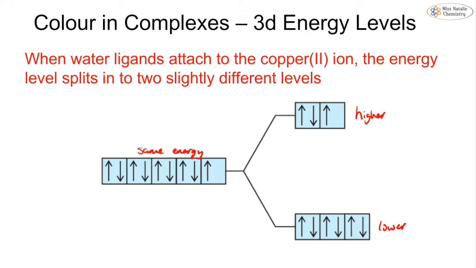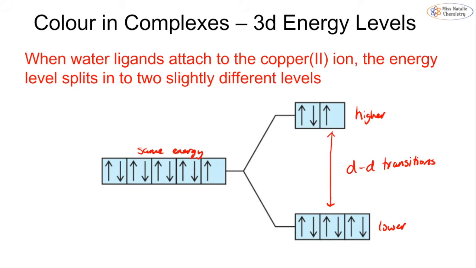So your top orbitals contain your 3 electrons, which are at higher energy, and your bottom orbitals contain 6 electrons. And this gap now in our energy levels allows for something known as a d-d transition.